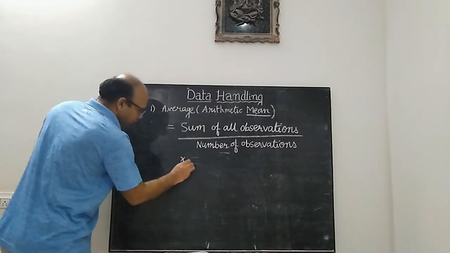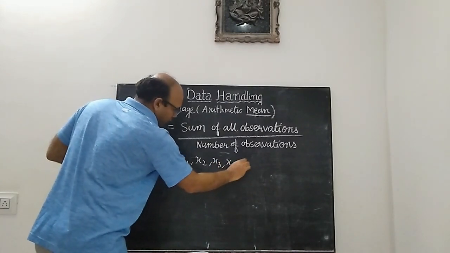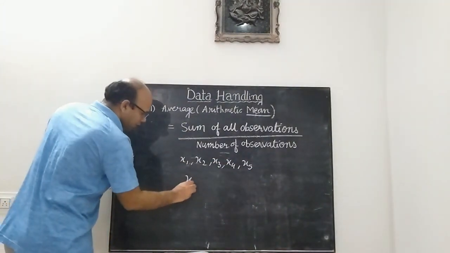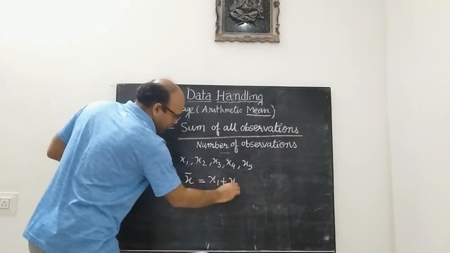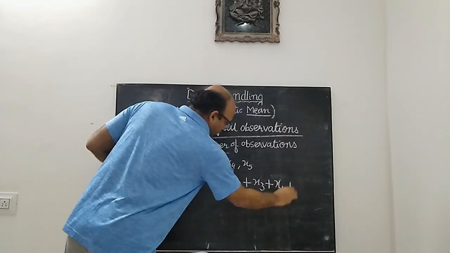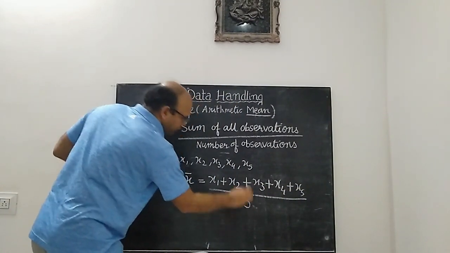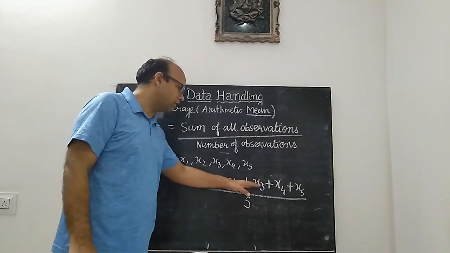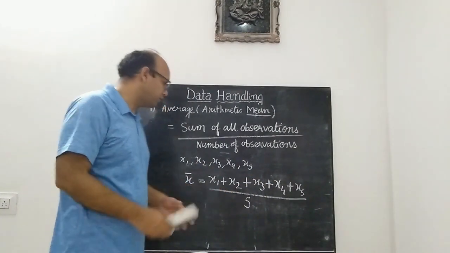If you have got, say, x1, x2, x3, x4, x5, say as 5 of the observations, then the mean we generally denote by x bar is basically x1 plus x2 plus x3 plus x4 plus x5 whole divided by the number of observations, that is 5. So the average is basically sum of all the observations divided by the number of observations.